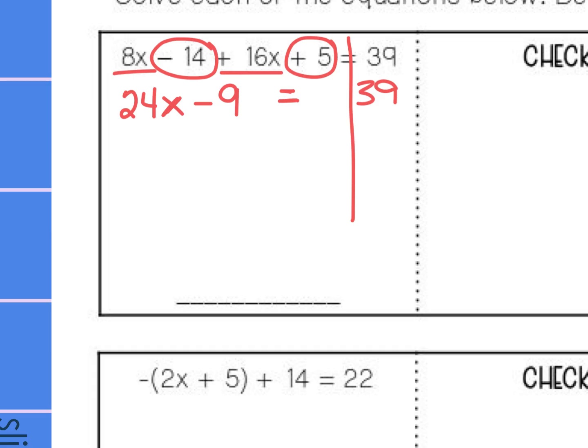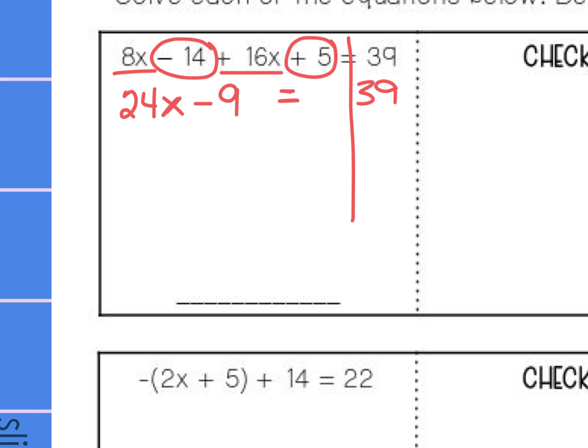Doesn't mean that you don't know what you're doing. You understand the process, but because of that one thing, it messed everything up. So please don't be afraid to double check that. Step 3 says, move your constant. What is our constant?